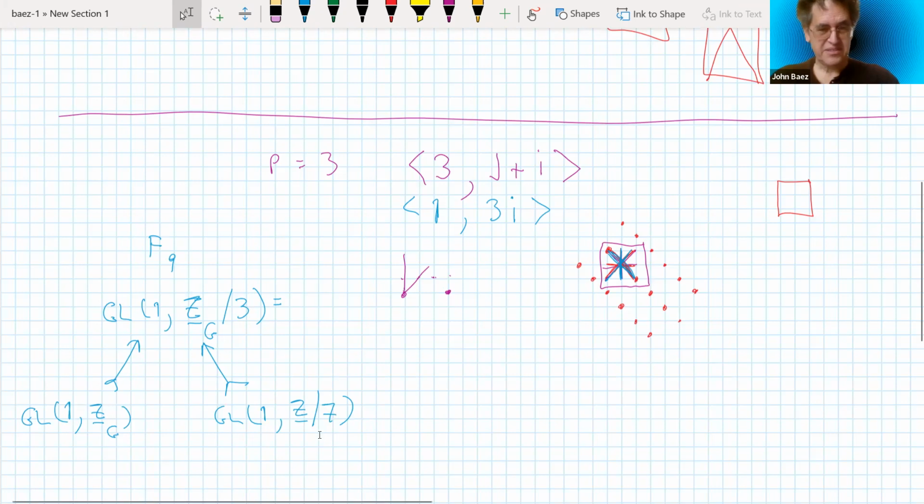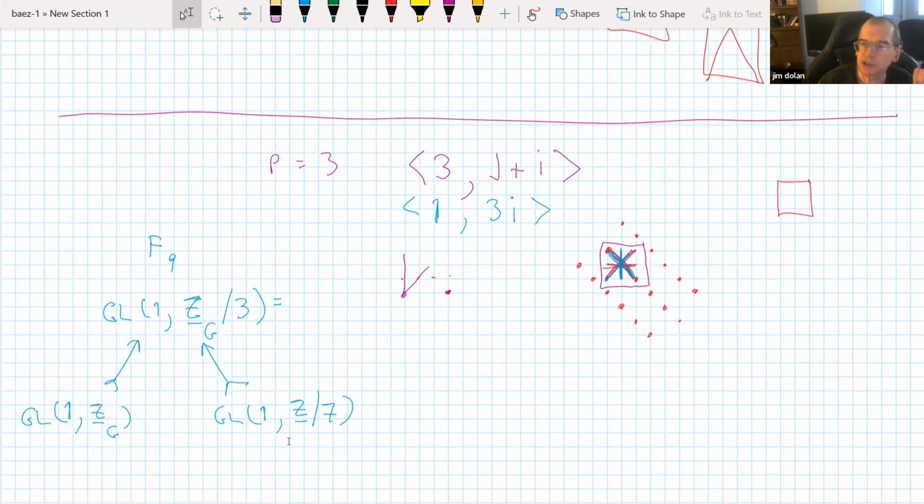So where does Z mod 7 come from? This is like the real scalars instead of the complex scalars, the real Gaussian scalars. And right, these can't change the shape of the lattice.